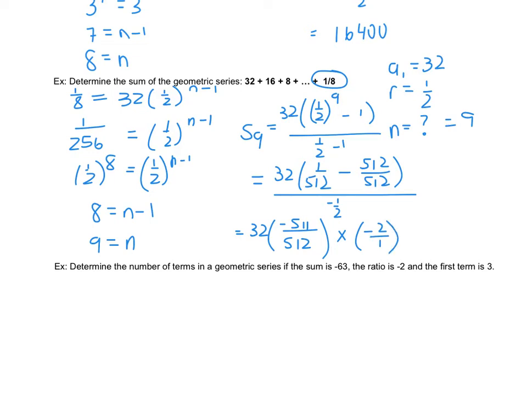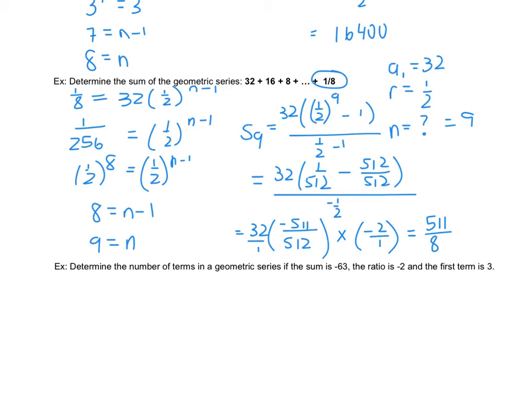So now I just have a bunch of multiplying. 32 over 1 times negative 511 over 512 times negative 2 over 1. And if you multiply that and reduce, you actually end up with 511 over 8. So that is the sum of this series.